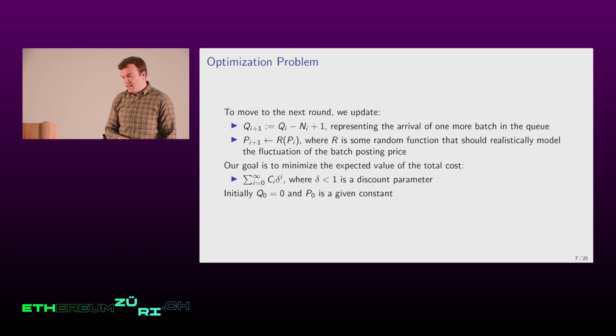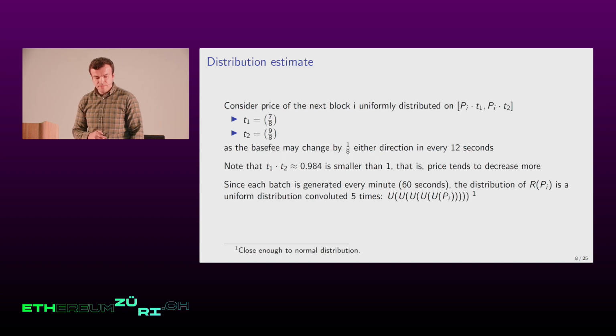So we care slightly less about the future and more about the present. And this also makes the expression converge. So initially we take that we don't have any batches, so we start fresh, and there is some price of the base fee. But the results are independent of this initialization, actually.